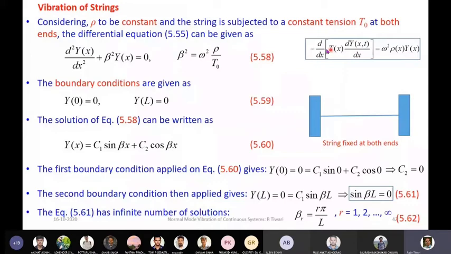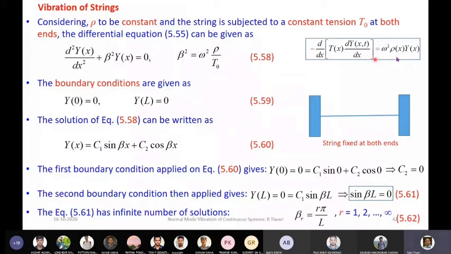I have divided by tension, so that has come here as beta. Beta is defined like this: omega squared rho by tension I have written as beta squared. This is one parameter which has been defined here.